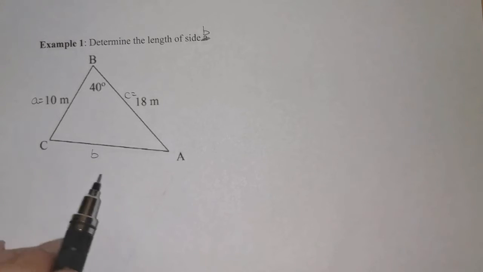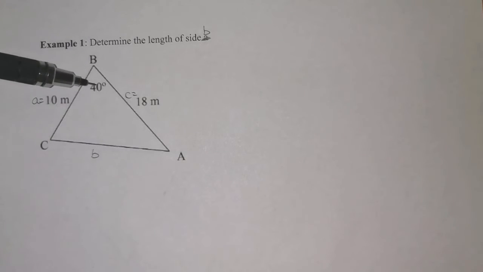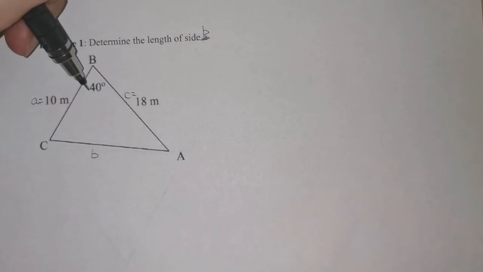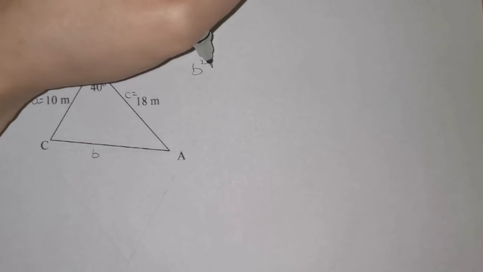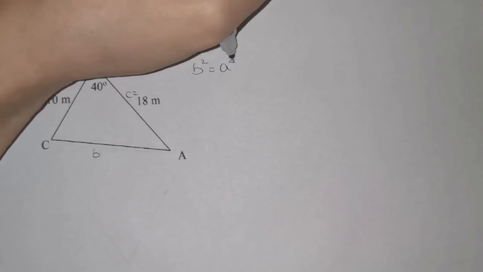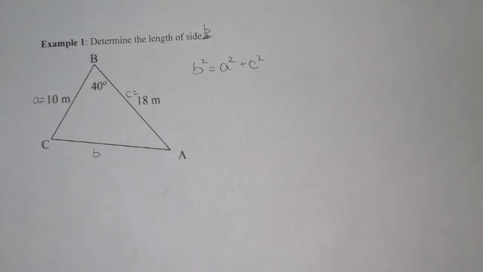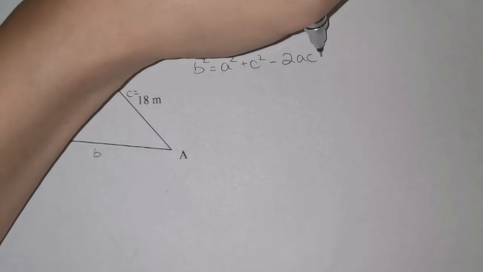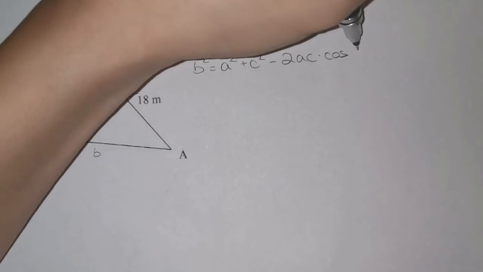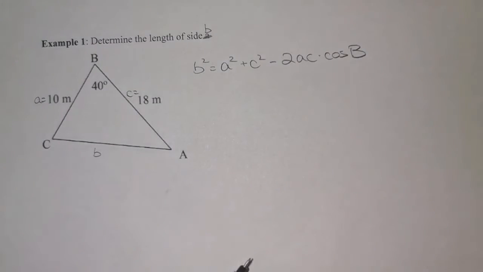Since we're looking for side B, that means we need those two sides and the angle in between, which we have. So it's going to be b squared equals a squared plus c squared minus 2 times a times c times cos of angle B.